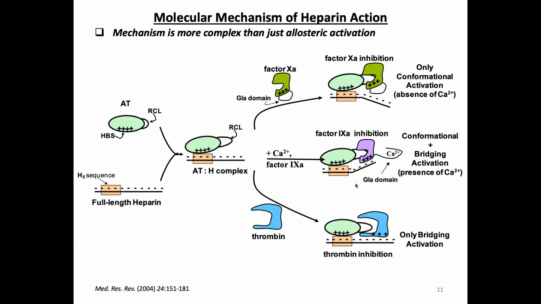So therefore, fondaparinux targets factor 10A primarily. Unfractionated heparin targets thrombin primarily. So we might think that fondaparinux is same as unfractionated heparin, but that is not really the case, right? That is not really the case. There are final points about targeting.